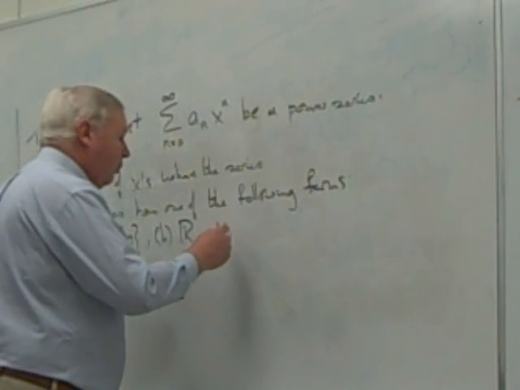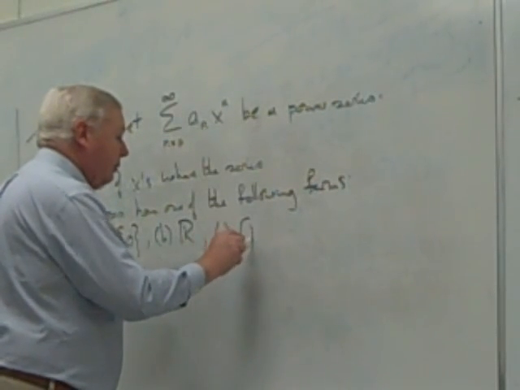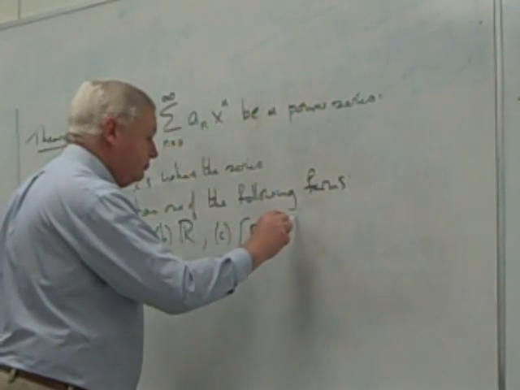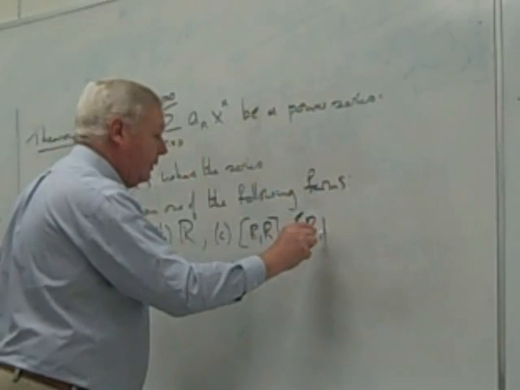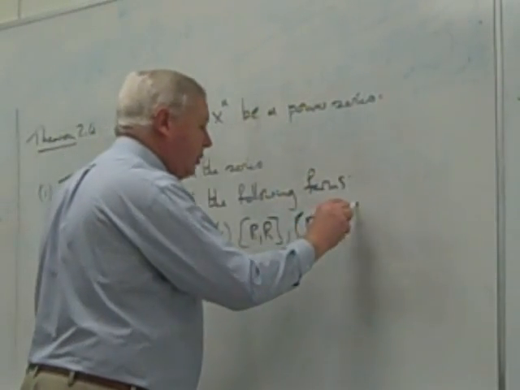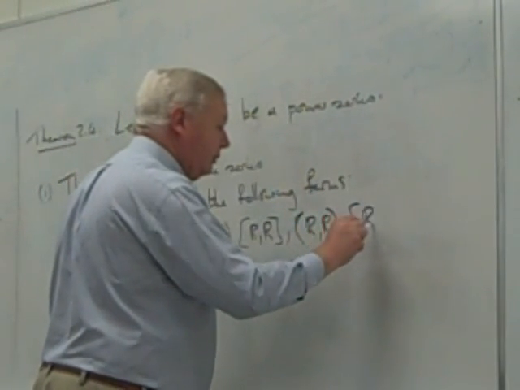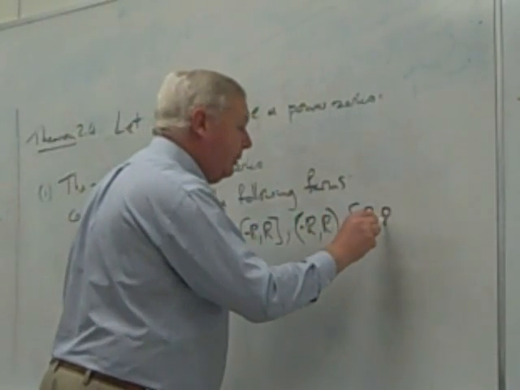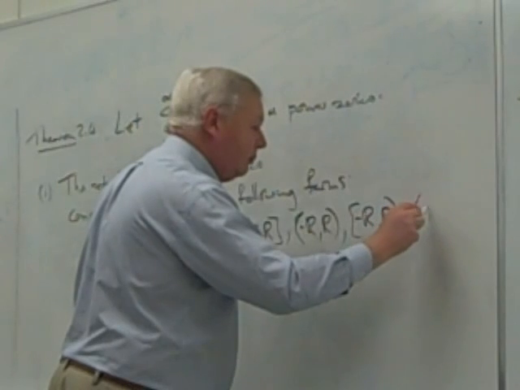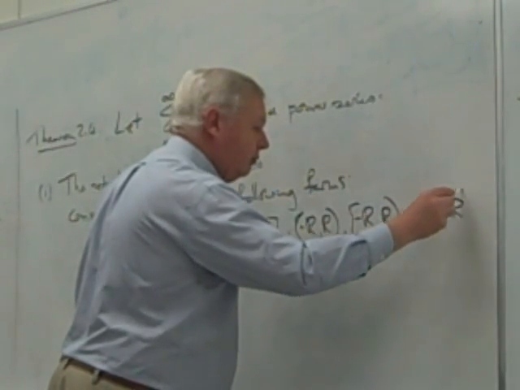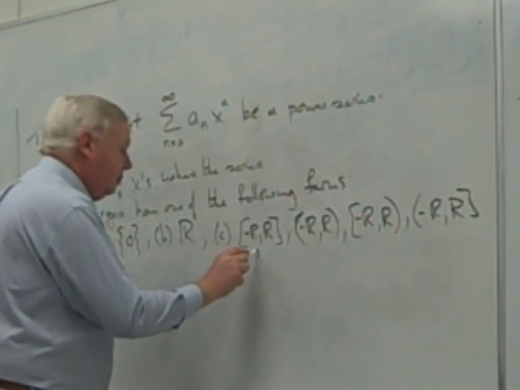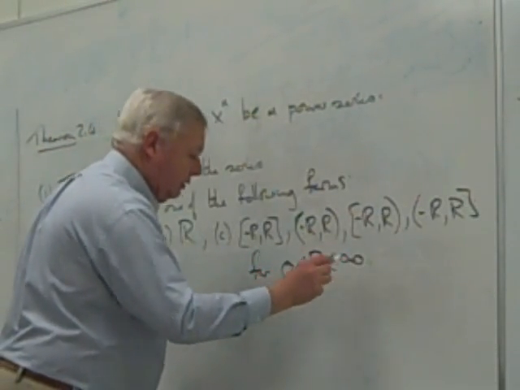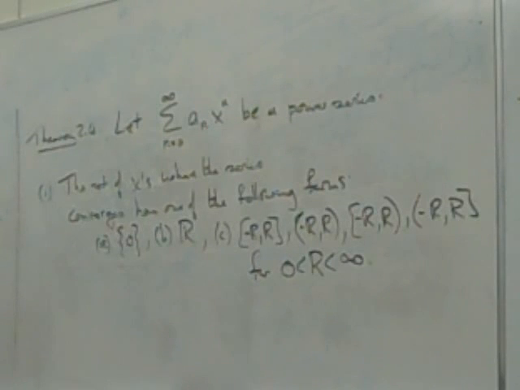So it can be of the form closed interval minus R to R, open interval minus R to R, half closed, for some capital R that's finite and non-zero.